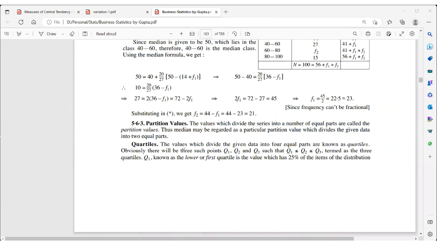There will be three such points, Q1, Q2, and Q3; we don't consider Q4. First 25 is Q1, next 25 is Q2, next 25 is Q3. Q2 is centrally located, so it is also called the median.